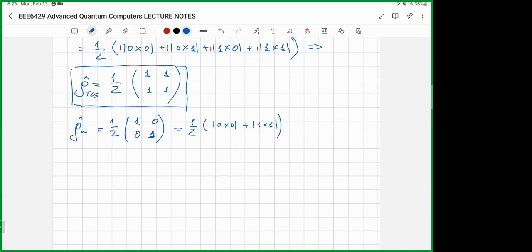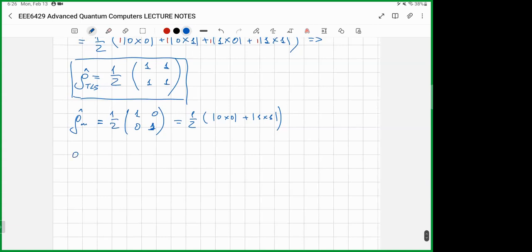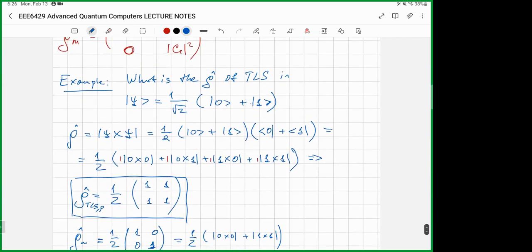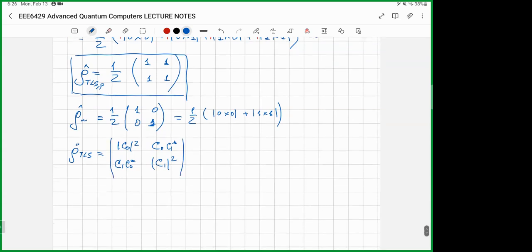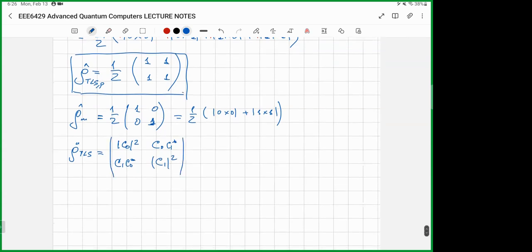And in the general case, for this general TLS, it will be C sub 0 modulus squared. Oh, we already wrote this above, but let me just repeat it here. C0 and C1 modulus squared.